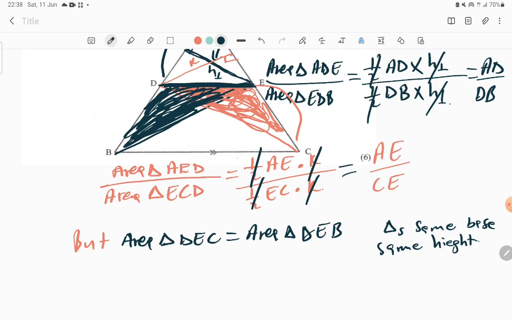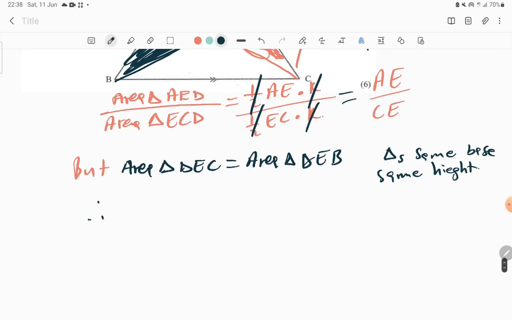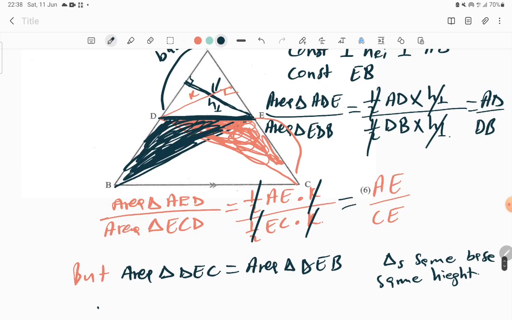You can say it that way. So it gives us a clear image that this one is equal to that one.